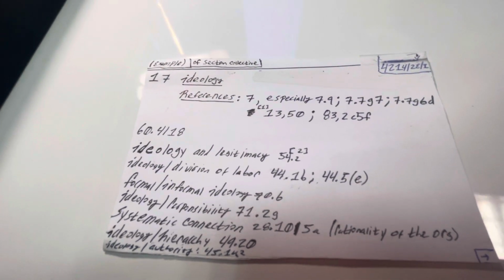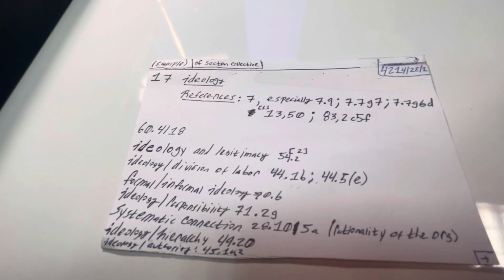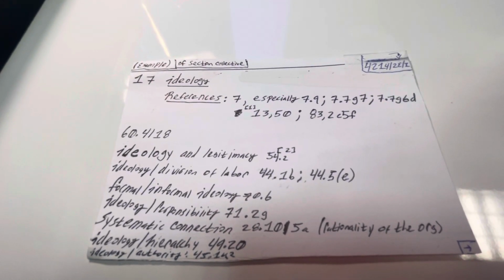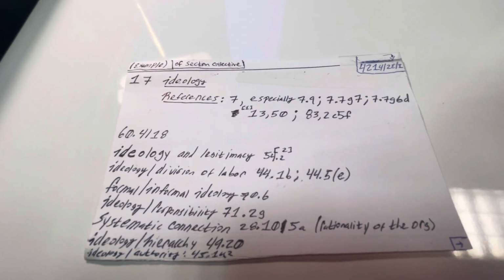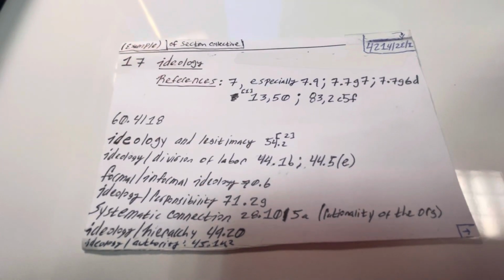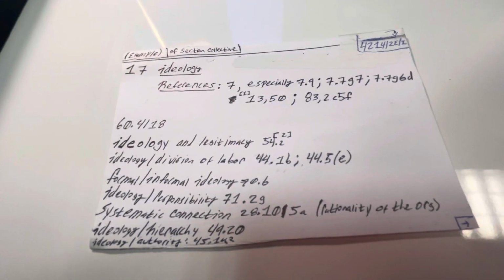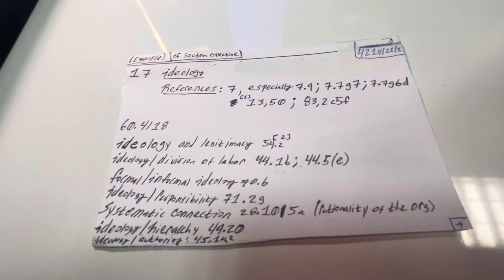This section collective is his note on ideology. I had it translated via Google Translate into English, and then I wrote it out by hand. So what you are looking at is the output of one of his actual notes. In the top left corner it says ideology, and then there are references.